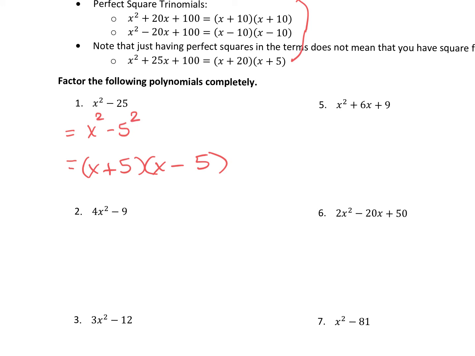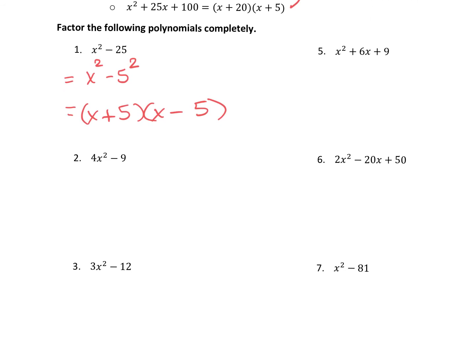Now what you have to be careful of is when you get down to numbers like number 2. Here, 4 is really 2 squared, so our base becomes 2x, because 2x times 2x is really 4x squared, and that's what we have. And then it's minus 9, which is 3 squared.